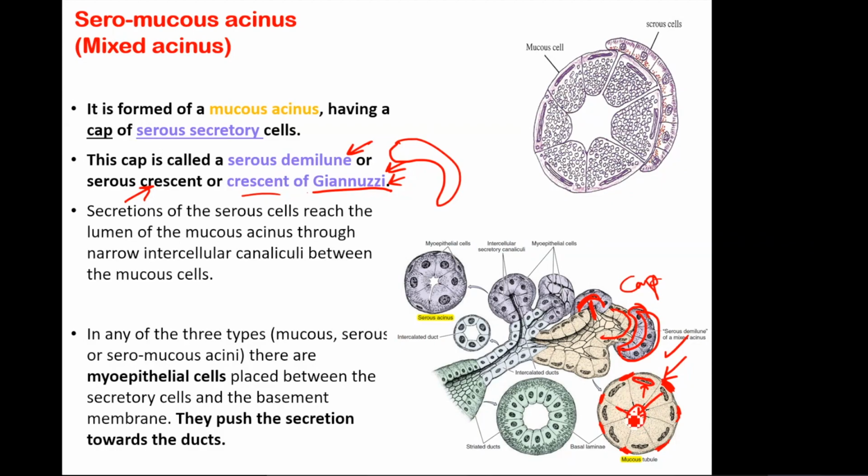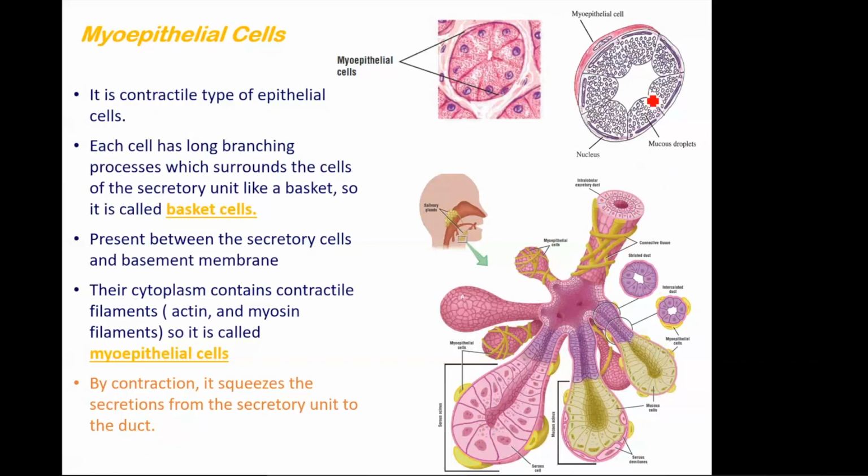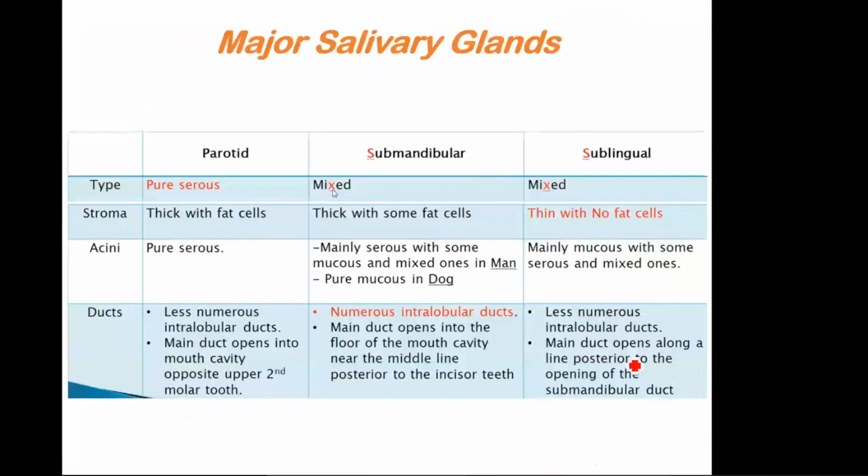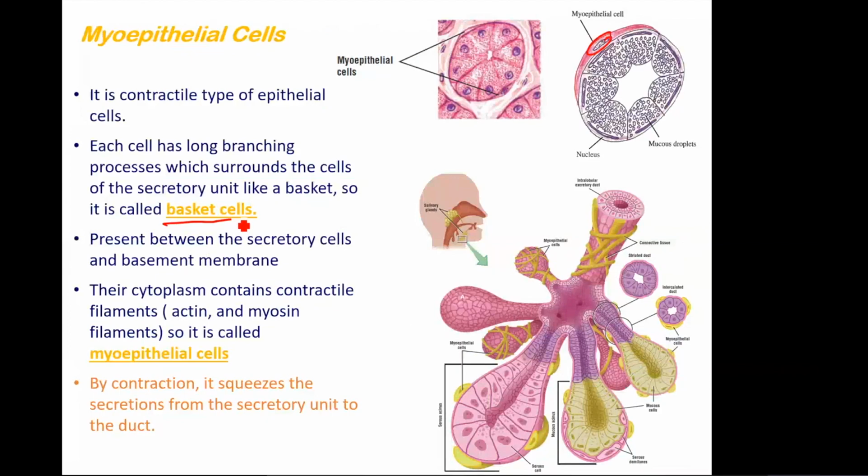It's not like a serous. So guys, shown here, these are myoepithelial cells. Sometimes they call them basket cells because they have fibers around the acinus in order to squeeze it, as you see, making like a basket.